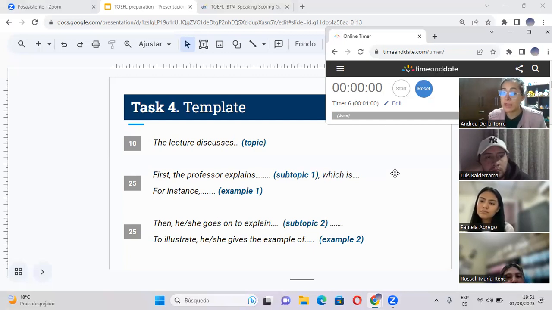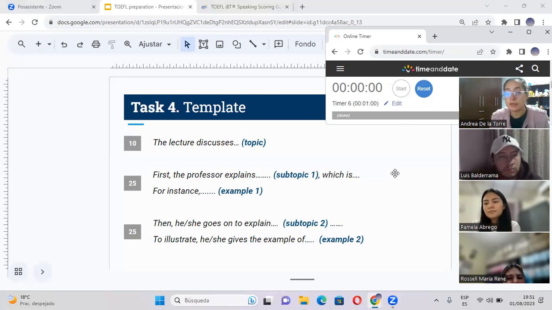So I tried to follow the timelines. So 10 seconds for the introduction, 25 for the first subtopic, and 25 for the second. I used reporting verbs. I gave the details for the examples. And that's it, right? That's pretty much it. So what do you guys think now? Now that you've also heard my response, what do you think?